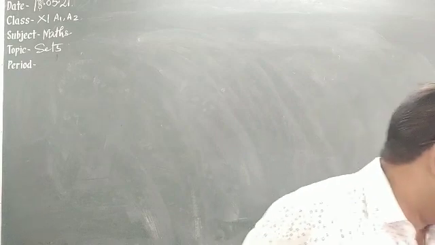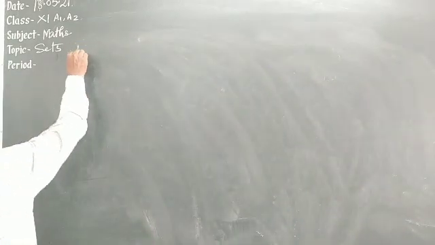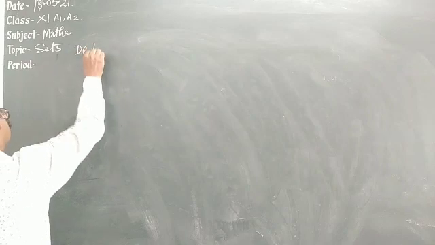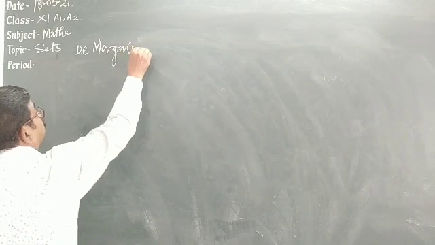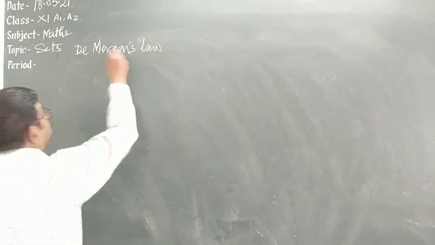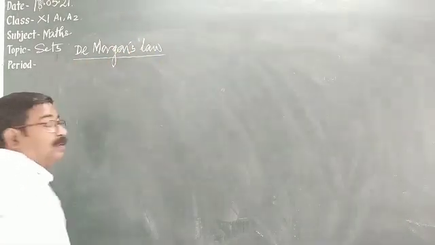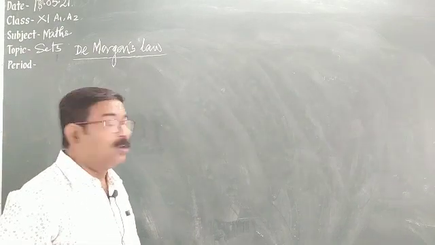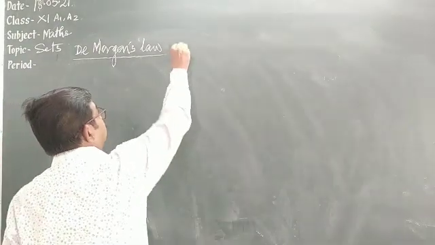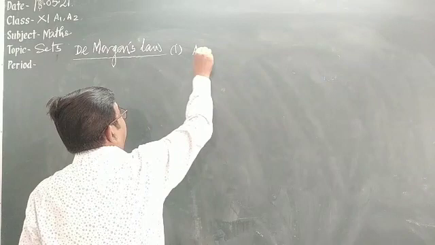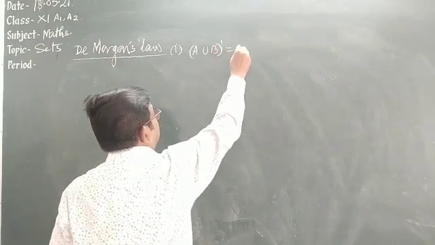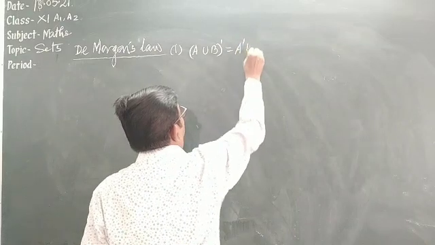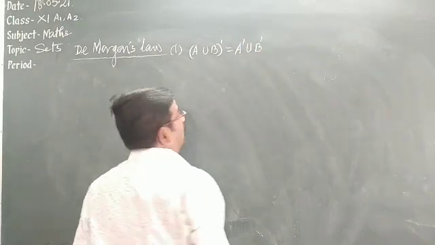We have two De Morgan's laws. First one is: A union B and its complement is A complement intersection B complement.